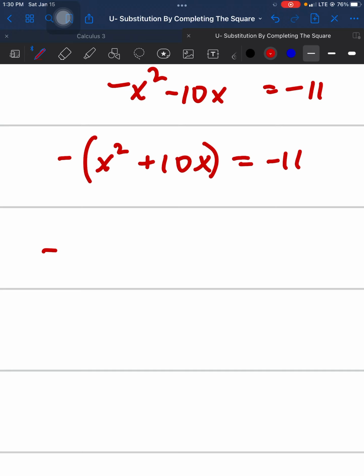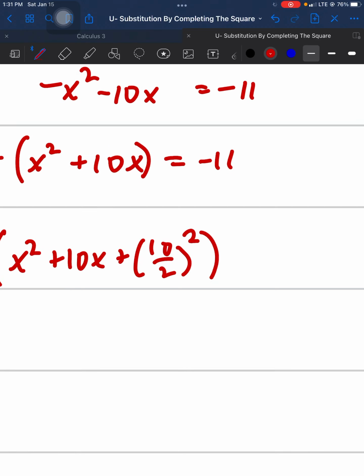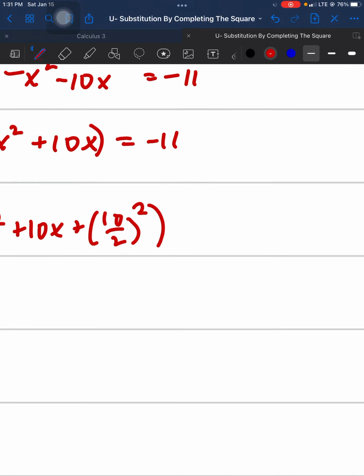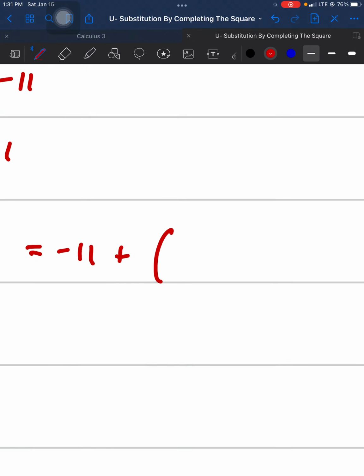So let's do negative x squared plus 10x, plus 10 over 2 squared. We're completing the square for the inside, but we have to add that to the other side too.